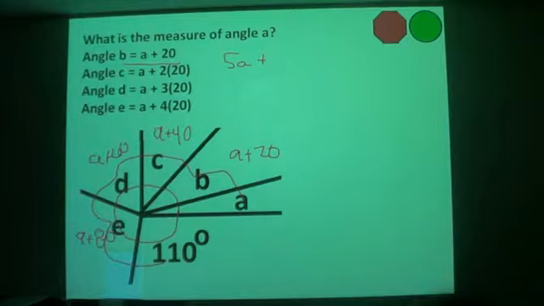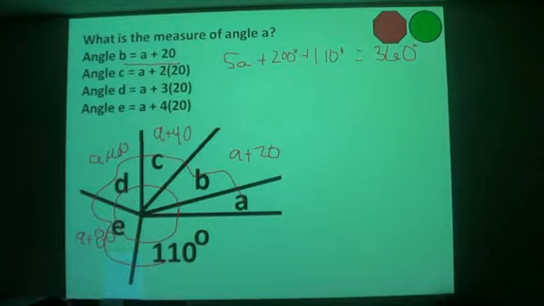Was it 80? 20 plus 40 is 60, plus 60 is 120, plus 80 is 200, plus 200 degrees, plus 110 degrees equals 360 degrees.